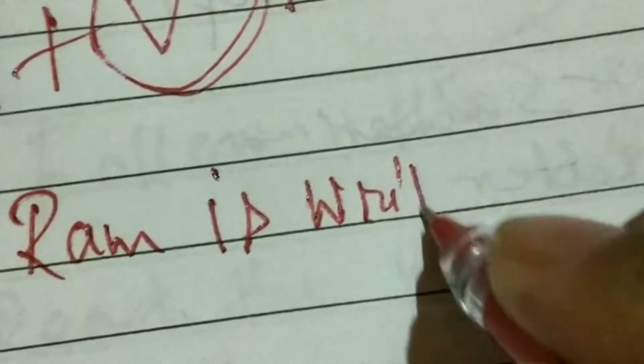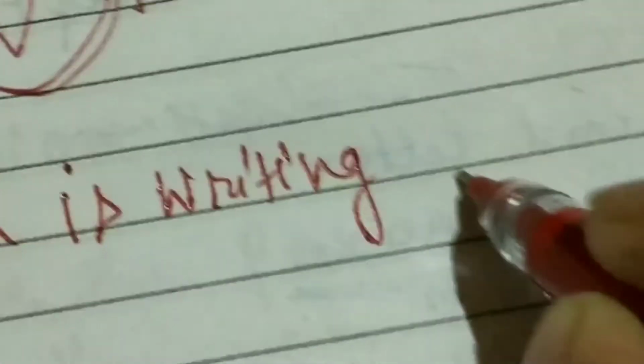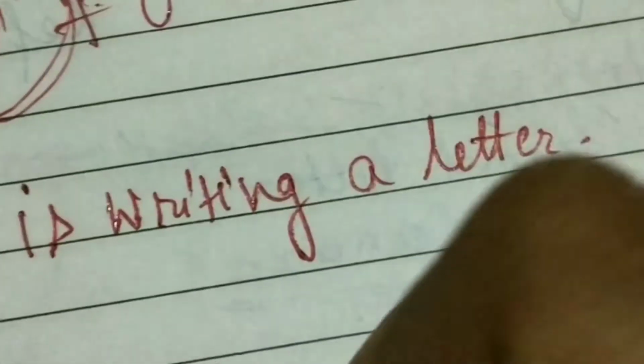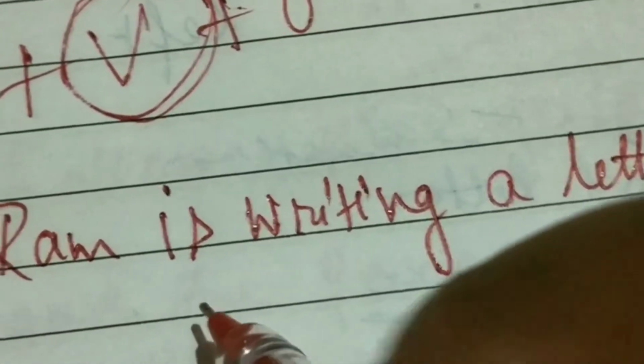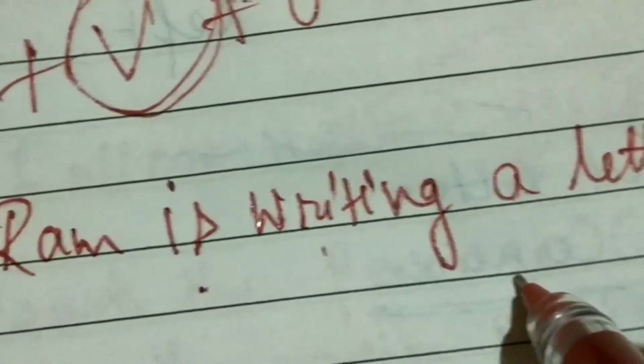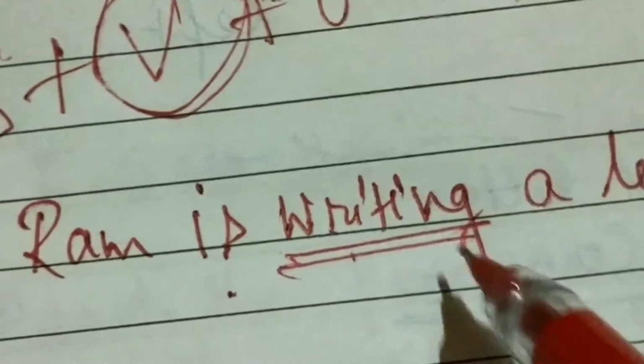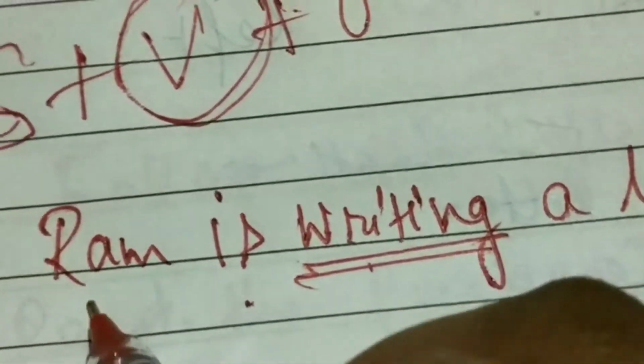So let's begin with the simple sentence. Ram is writing a letter. So what is Ram doing? So Ram is writing a letter. So writing tells you the action, whatever Ram is doing.